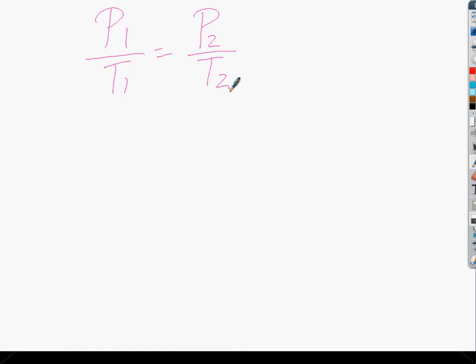multiplication. So what we're going to do, because when I start doing it here, I start with inverses. I have to have like 1 over T and then invert it. It can be done, but if I just cross multiply, I end up with P1 T2 equals P2 T1.